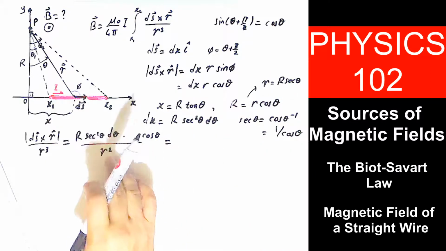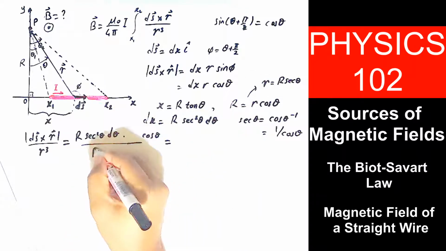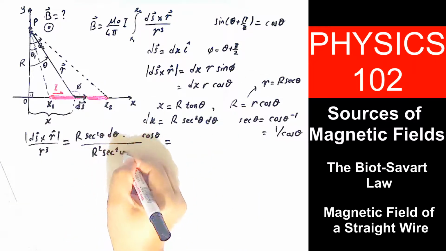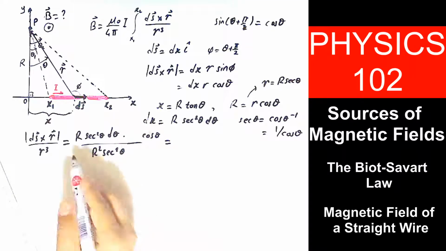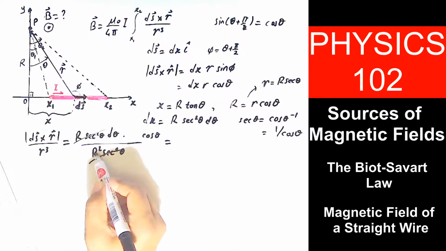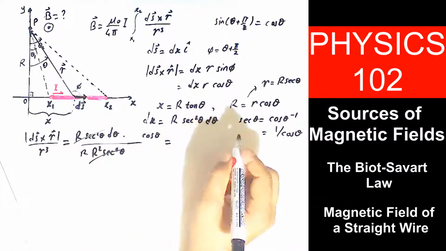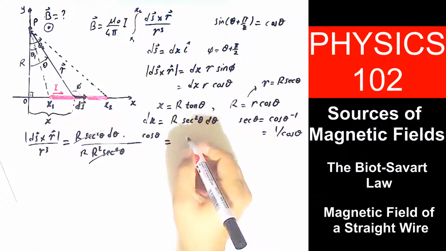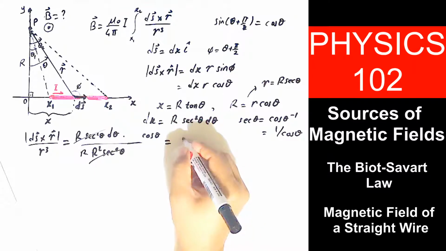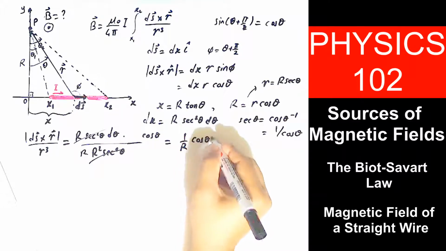Let's replace it by capital R square secant square theta. This further simplifies: the 1 over r is going to be there, and this r is going to simplify, and we will only have 1 over capital R cosine theta d theta.